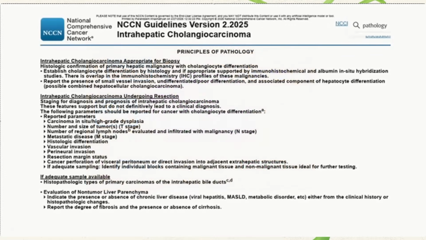To date, in everyday practice, decisions and classifications are largely based on the anatomical site of origin, along with histopathological morphology and immunohistochemistry, as we see in NCCN guidelines.